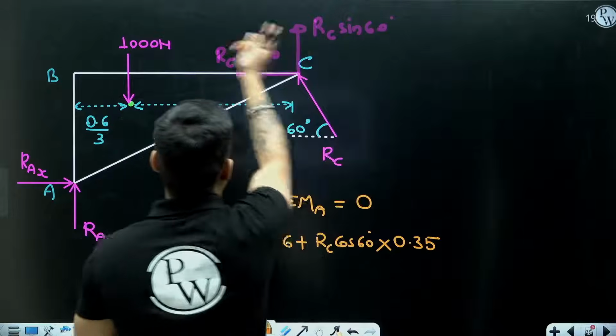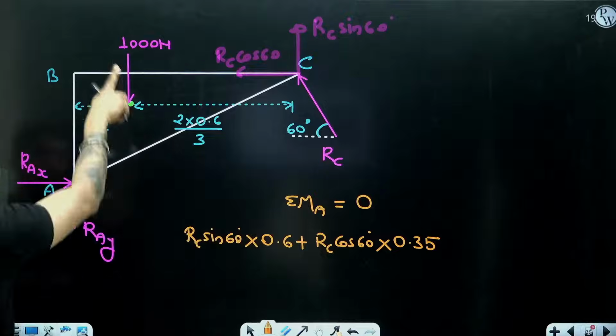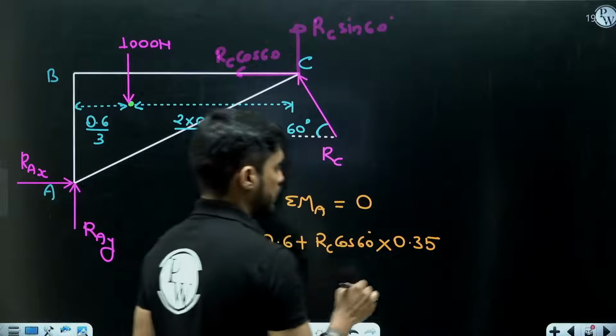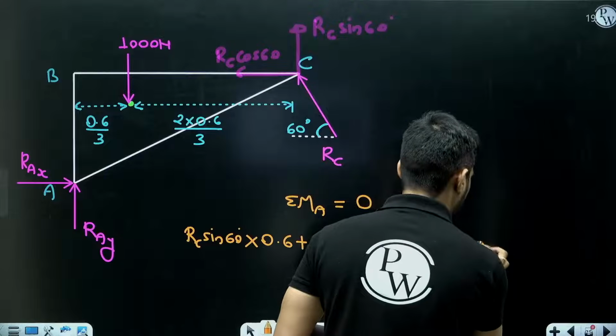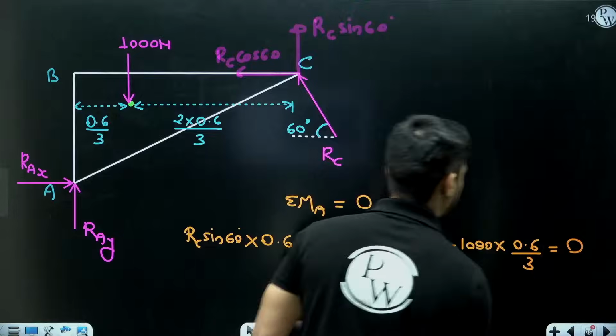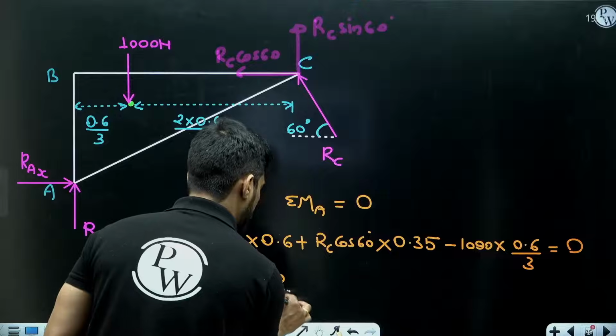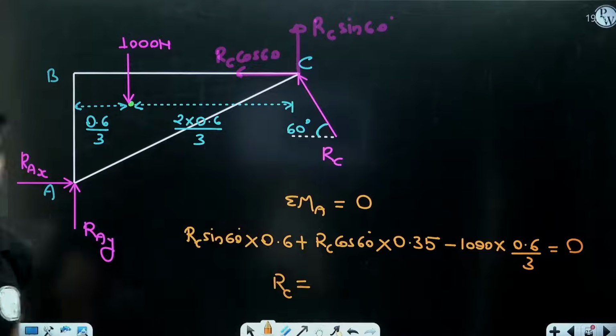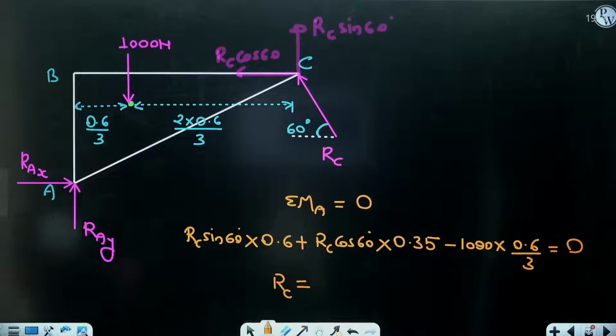Both these moments are anti-clockwise, but moment of 1000 will be clockwise. So it will be minus 1000 into 0.6, that is L by 3. So from here you will get the value of RC. It will be 200 divided by 0.6 sin 60 plus 0.35 cos 60.